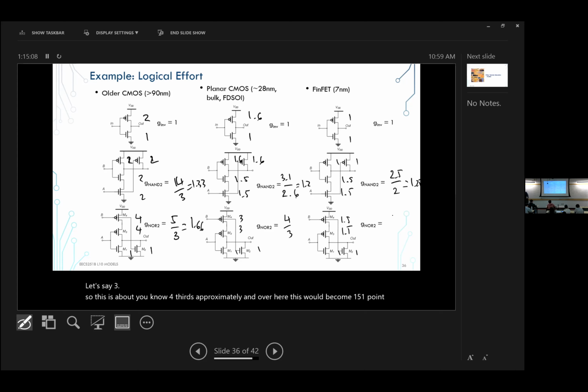This is 2.5/2. The implication here is that NORs are now first-class citizens, and have become equal to NANDs. There used to be a bigger penalty for putting a NOR in our critical paths.